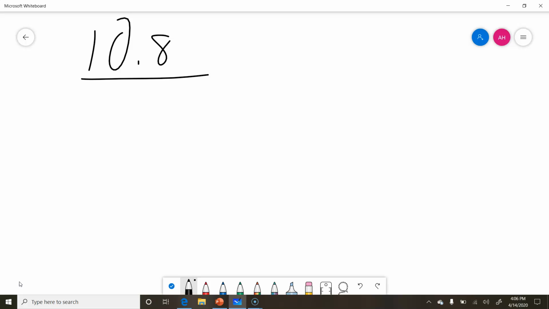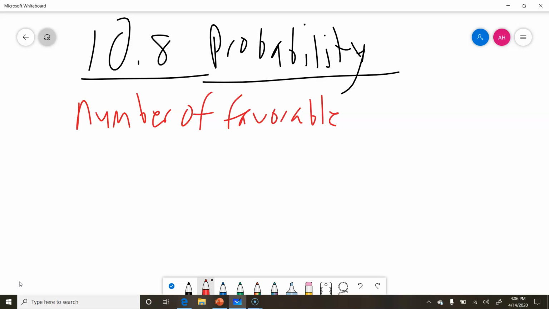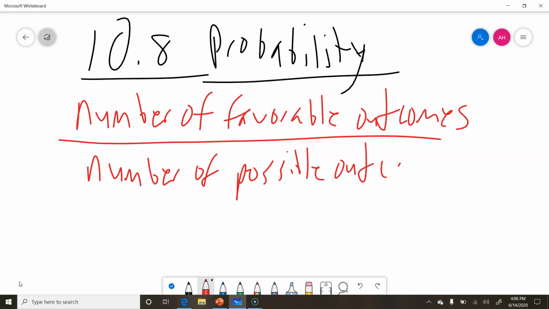So we are on 10.8, and this lesson is about probability. Yay for probability. So the definition that you want to write down here for probability is the number of favorable, that means the things we want, outcomes, favorable outcomes divided by the number of possible outcomes.